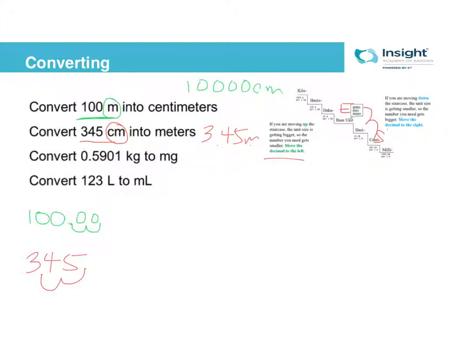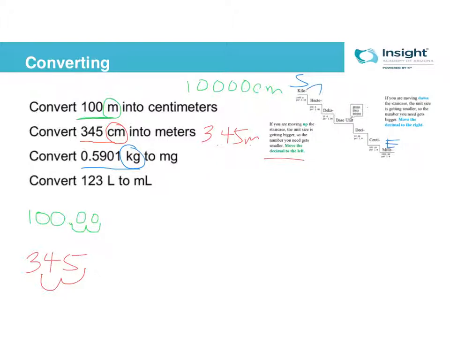All right, so let's do one more. We've got 0.5901 kilograms to milligrams. So our starting point is going to be kilograms. We need to go to milligrams, so we're going to go all the way down to the bottom of the staircase.